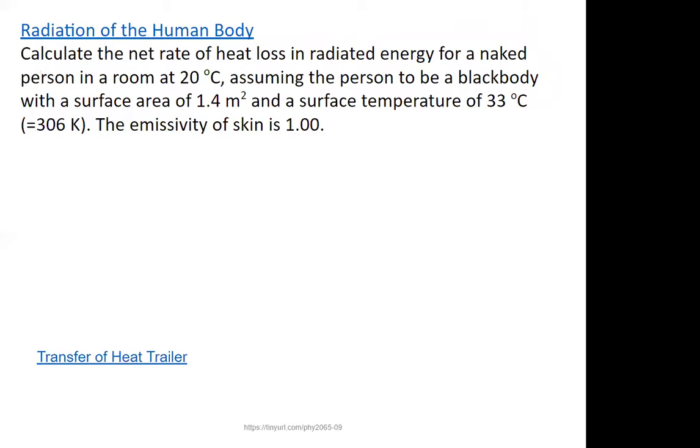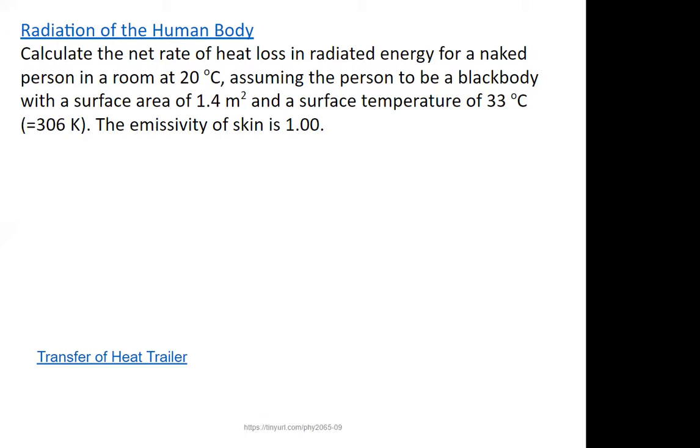We'll take a look at this example here. It says: calculate the net heat loss in radiation energy for a naked person in a room at 20 degrees Celsius, assuming the person to be a black body with a surface area of 1.4 square meters and a surface temperature of 33 degrees.